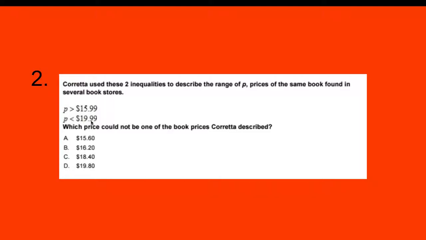There is a 9 in the tens place right here. There is an 8 in the tens place down here. 9 is greater than 8, therefore $19.80 does fit that inequality. Therefore, the only one that did not fit was answer choice A. So for number 2, A is the correct answer.